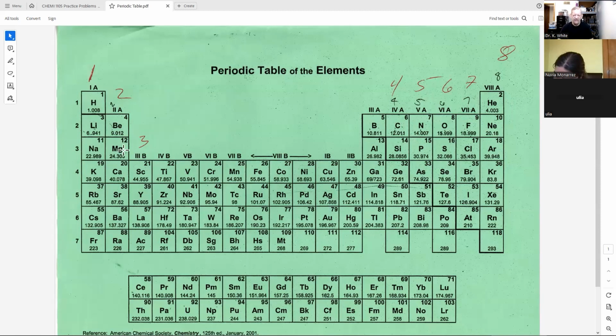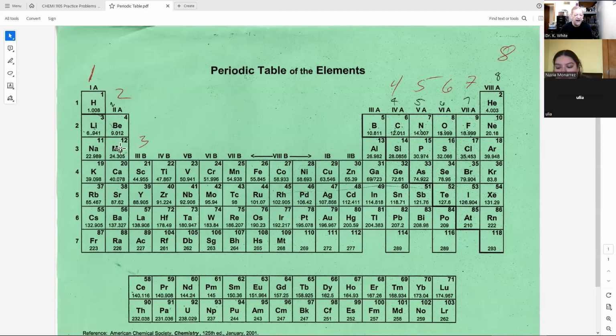Magnesium has 12 electrons and 12 protons. How do we know that? From the atomic number. And then you say, well, to be stable and happy, it wants the same number of electrons as the nearest noble gas based on numeric atomic number.